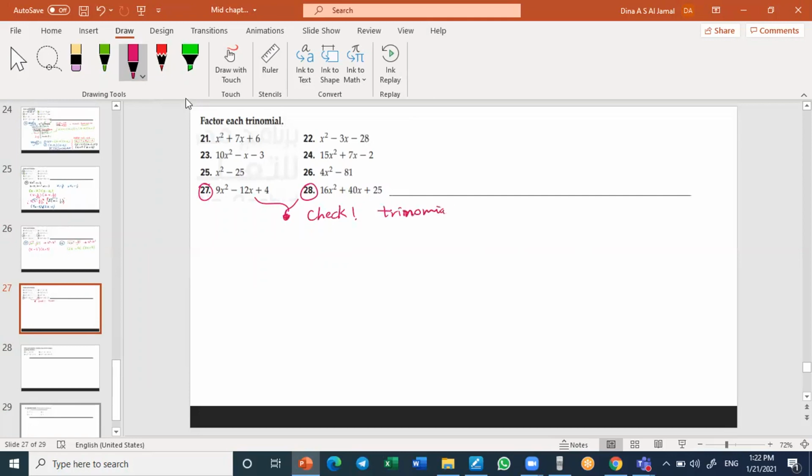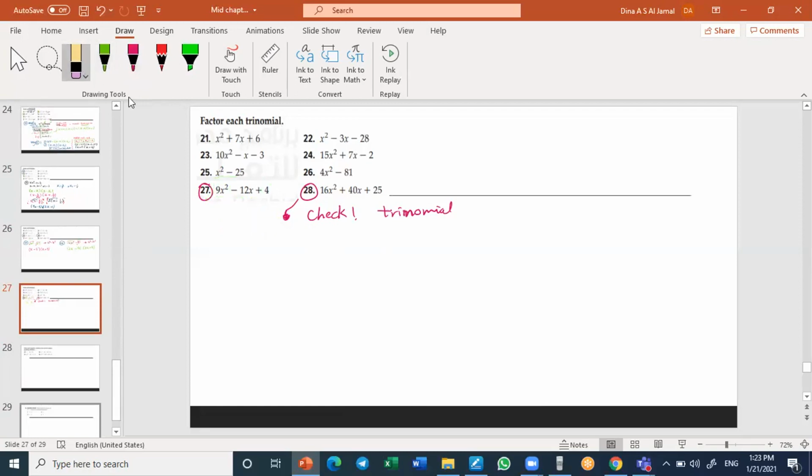How can you check if it is a perfect square? You need to check the first term: is it a square of a term? The last term? And for the term in the middle, you need to check if you multiply 2 by the first term after taking the square root, by the last term after taking the square root, are you going to get what is in the middle or not? Please refer to the last lesson in the chapter.